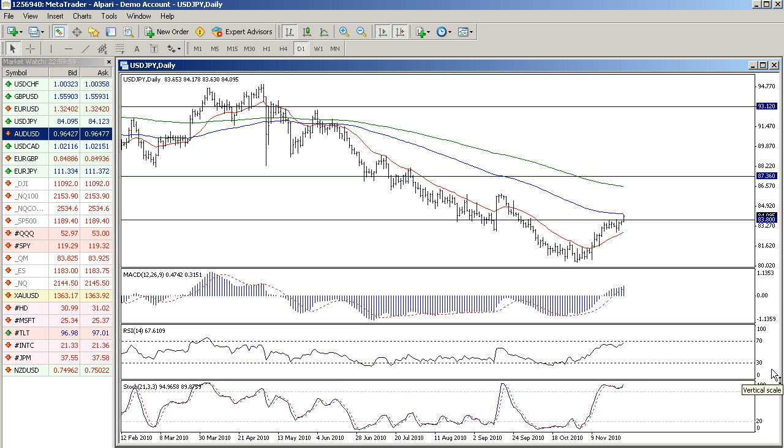On the daily time frame, the pattern is more constructive right now, but notice that we still have the series of lower lows and lower highs here, and the market is now overbought.